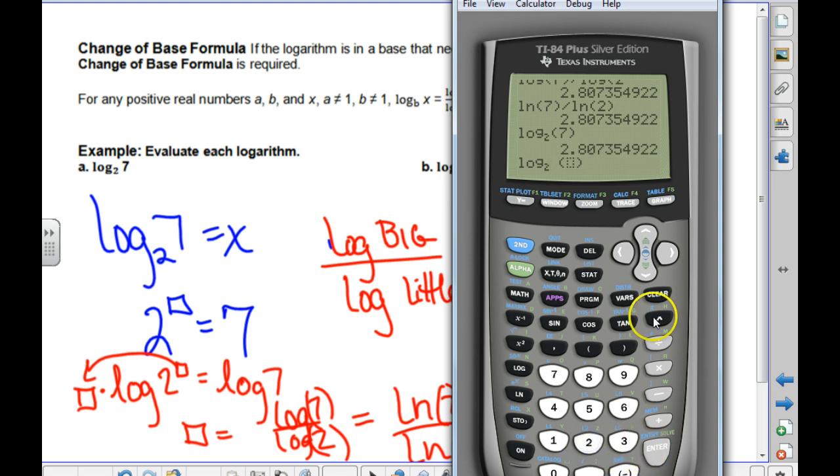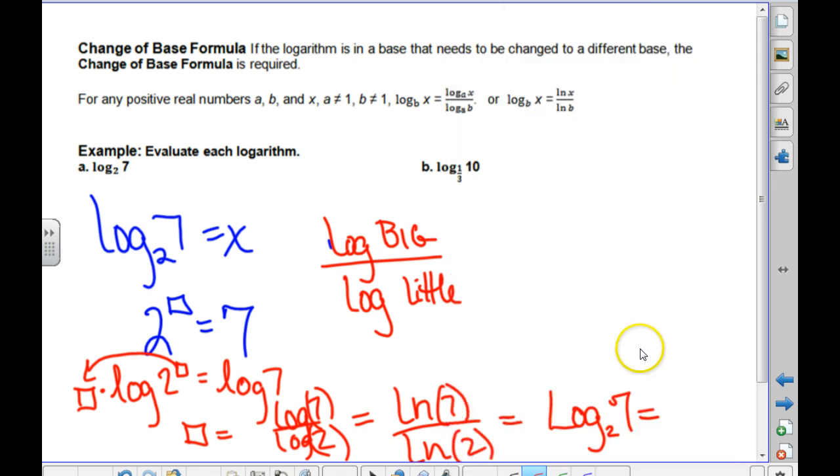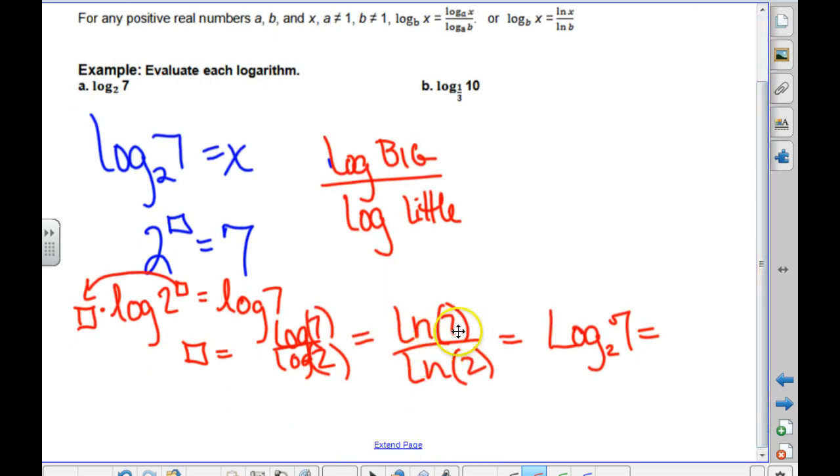So when I did the second problem on the TI-83, when I did both natural log and log, I got different answers. Then you didn't close the parenthesis on one of them? I'm guessing. You have to close the parenthesis on the top.